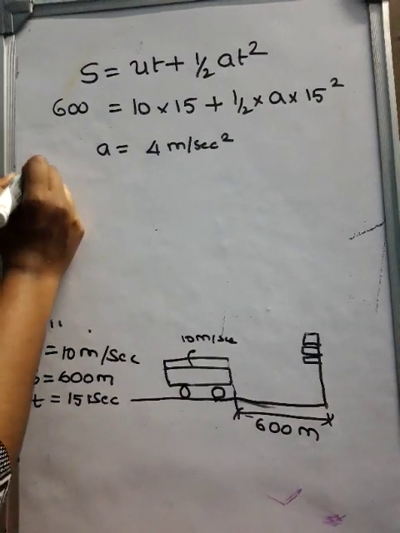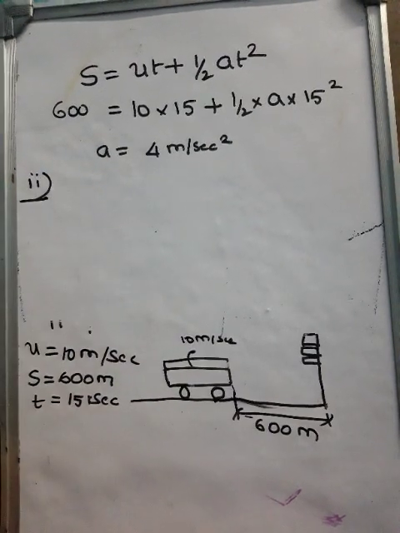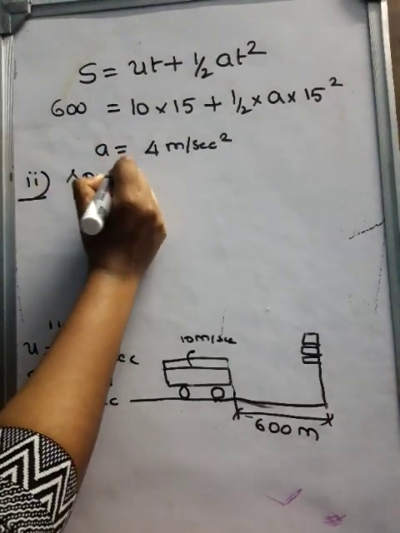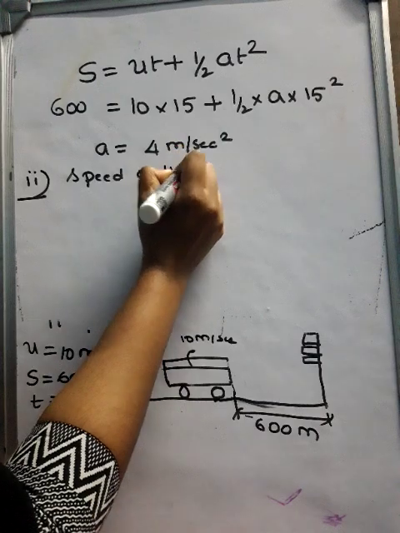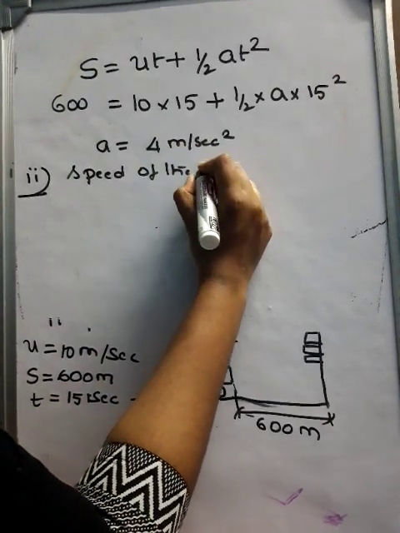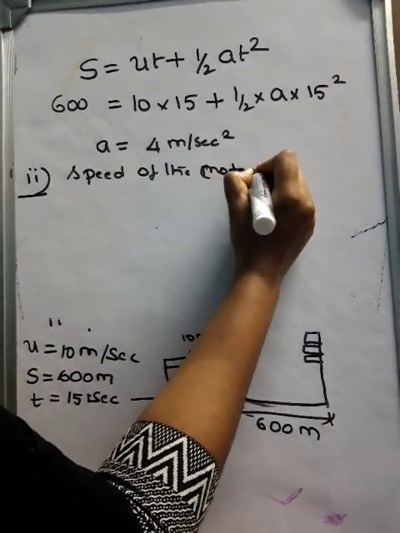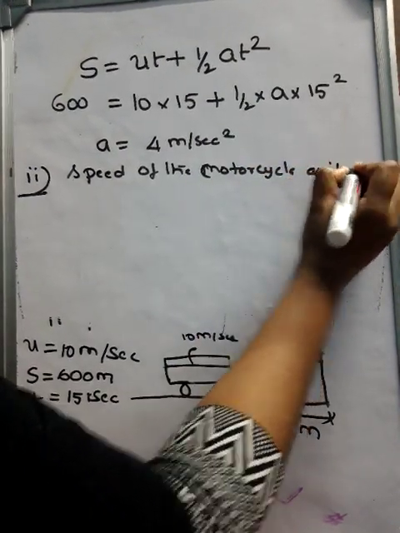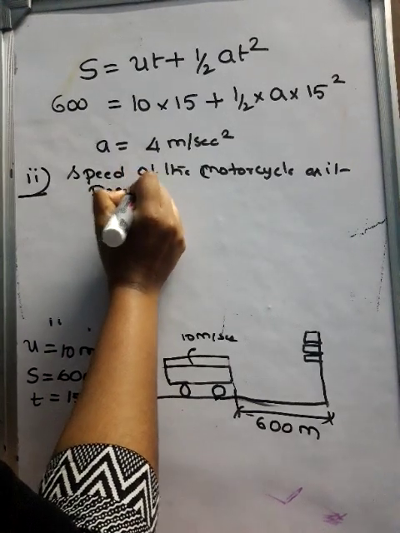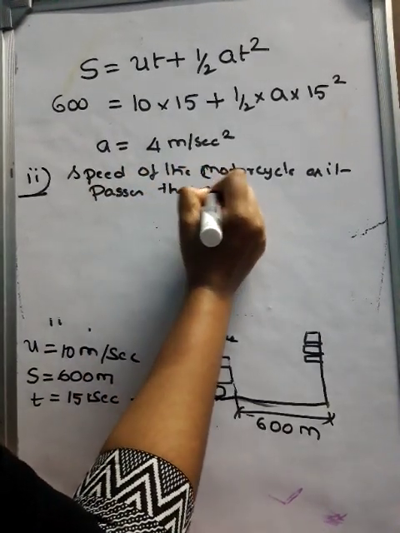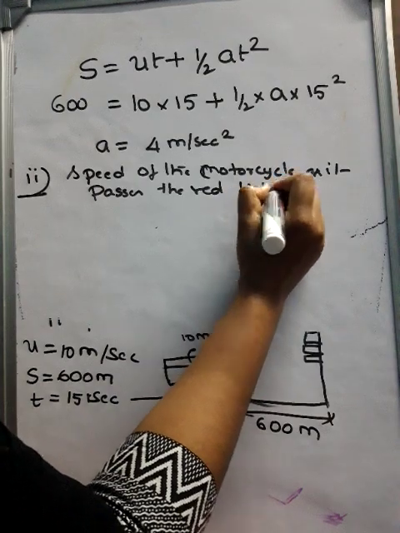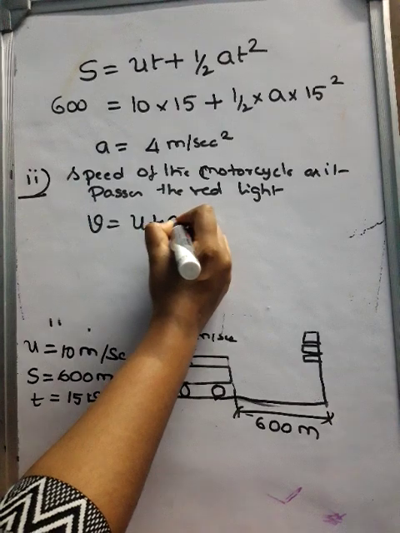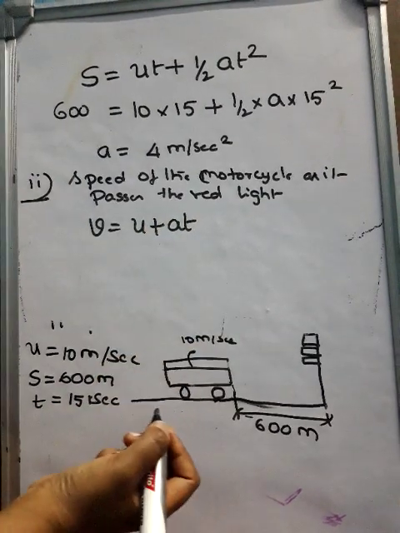Similarly, to calculate the speed of the motorcycle as it passes the red light, you can use the equation v is equal to u plus at.